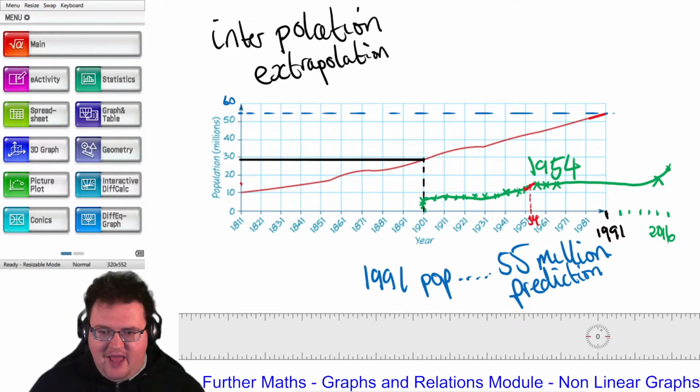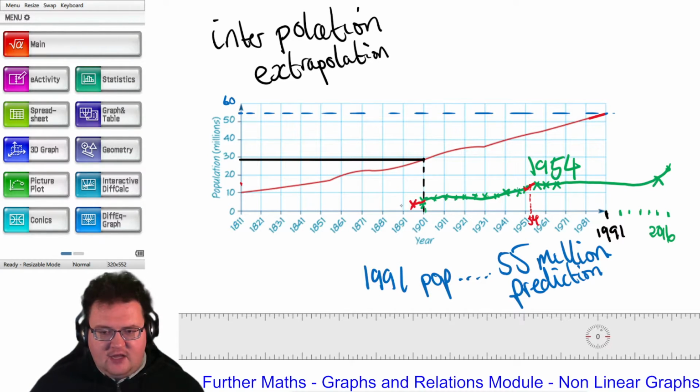I could extrapolate and make a prediction about what the population was in 1896. I could just follow the line, so I could look at 1901 and 1906 and then just extend the line back on a similar gradient.